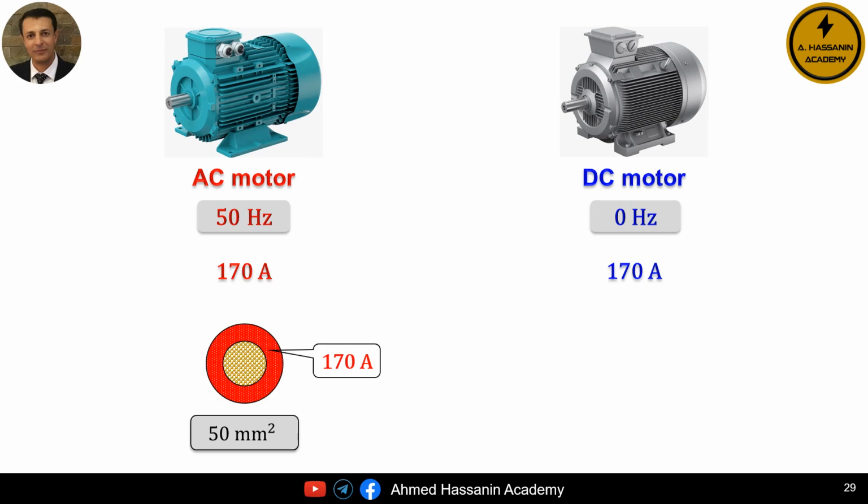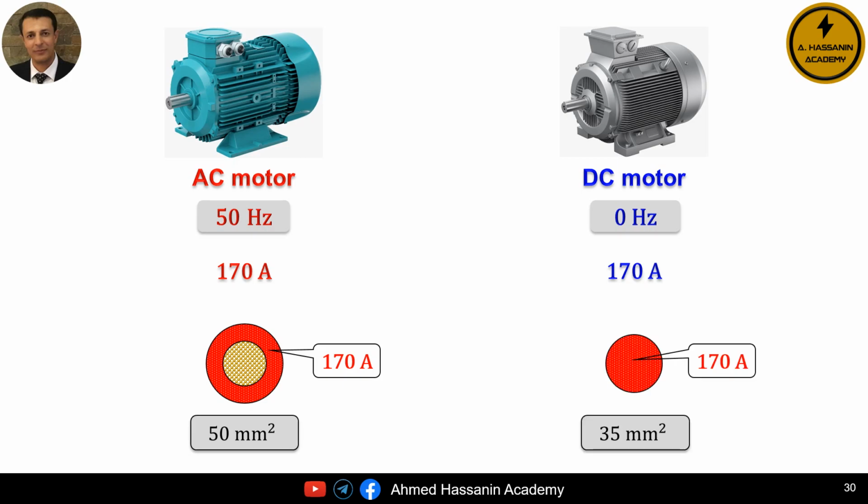Therefore, it is very important to know that according to the previous explanation and according to the skin effect present in alternating current and according to various calculations, we find that the appropriate cross-sectional area for the motor operating with alternating current at 170 amperes is a cross-sectional area not less than 50 square millimeters.